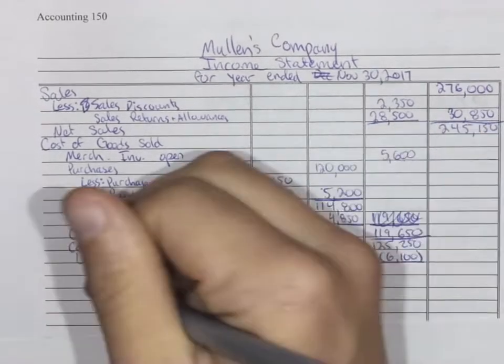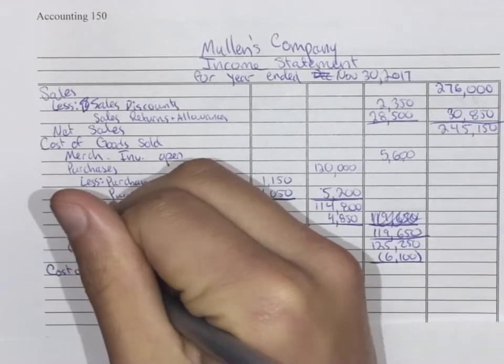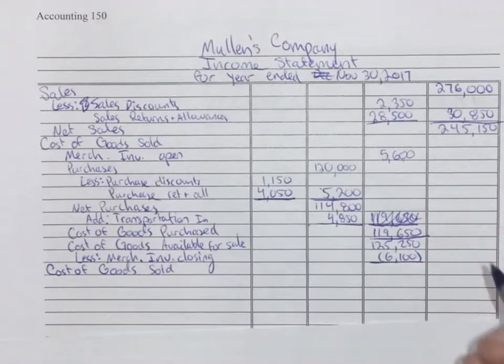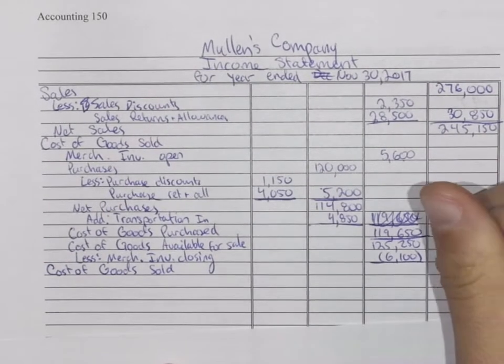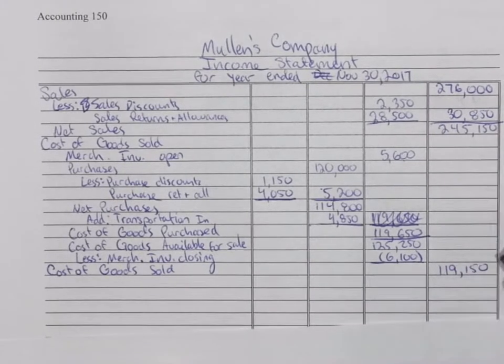And that brings us to our cost of goods sold, $119,150.